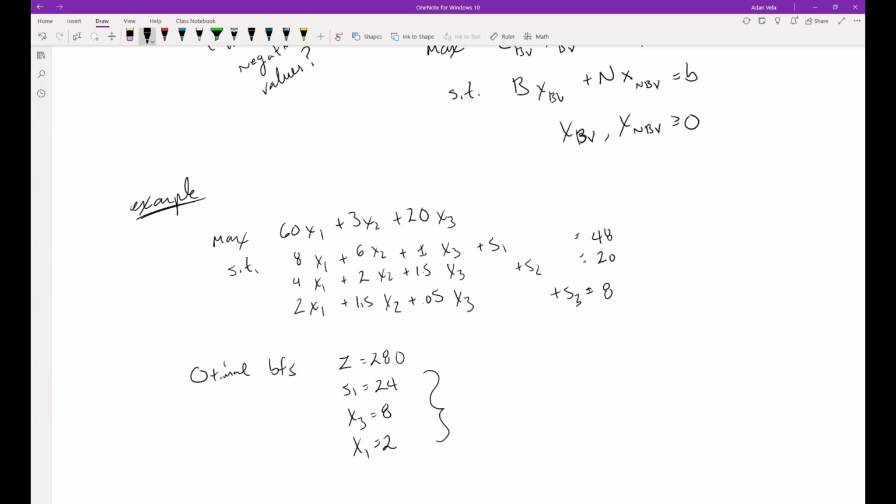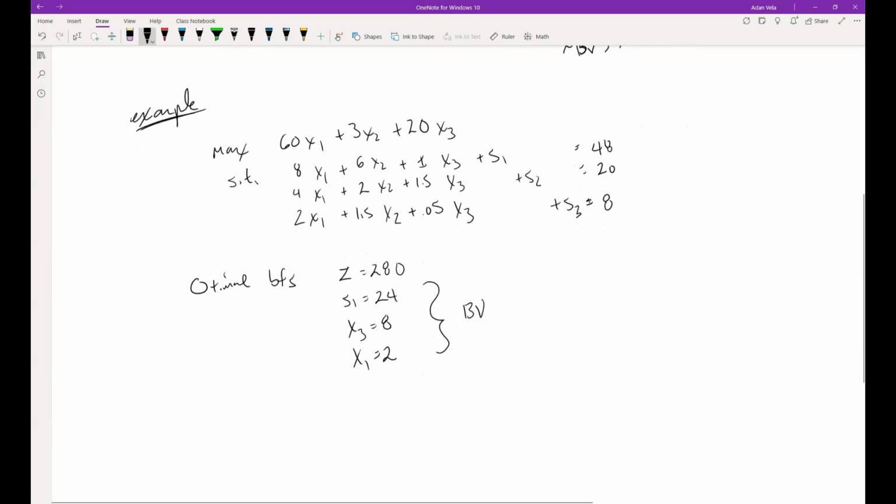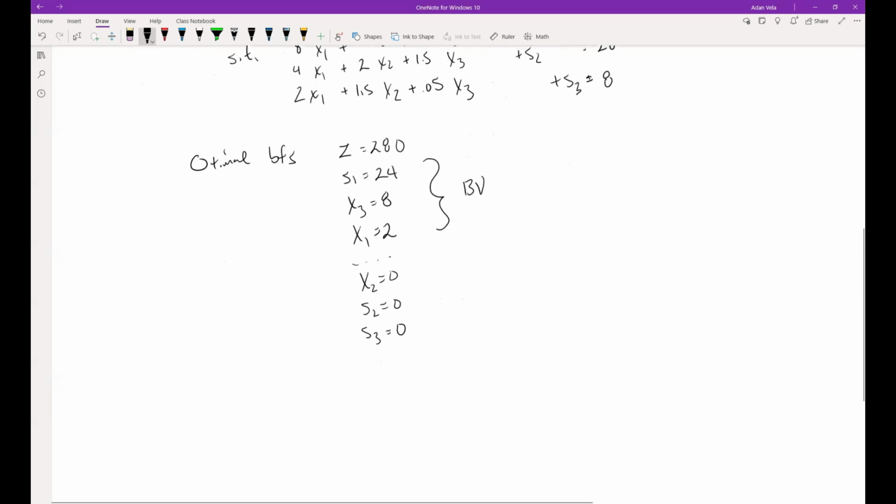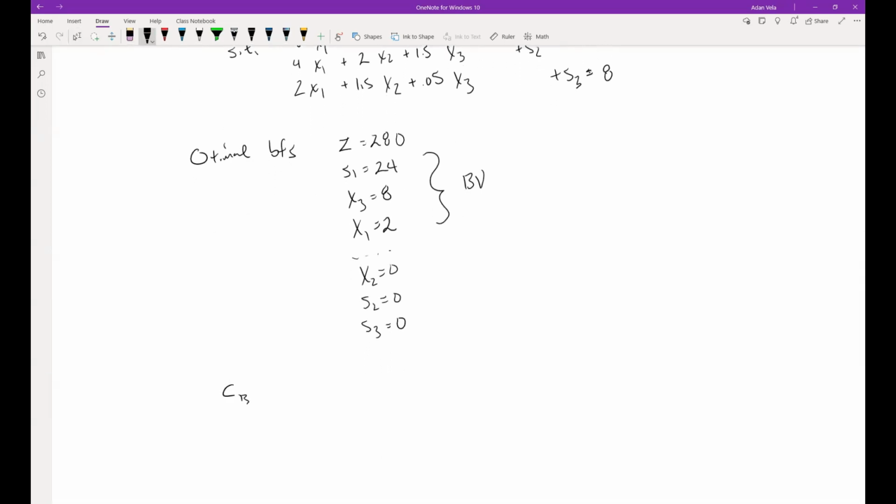Okay, so it ends up these guys become your basic variables. So S1 is 24, X3 is 8, X1 is 2, and then everything else is 0. If we break down this problem into the format that we're used to, CBV is equal to 0, 20, and 60.